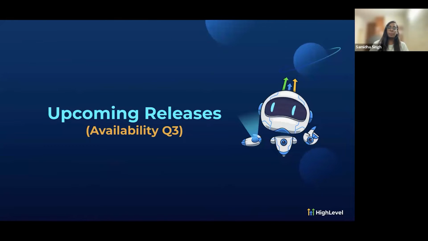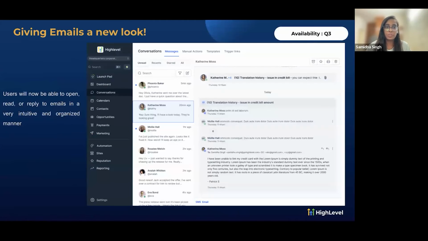I'll just walk through the upcoming releases for Q3. The first one that we're trying to solve is making the conversation panel more readable and more user-friendly. The first thing we're trying to improve is the emails part. We're trying to follow how other email providers work, so that all the emails that we get, whether it's a thread or a single email with attachment, all of them appear in a collapsed view.